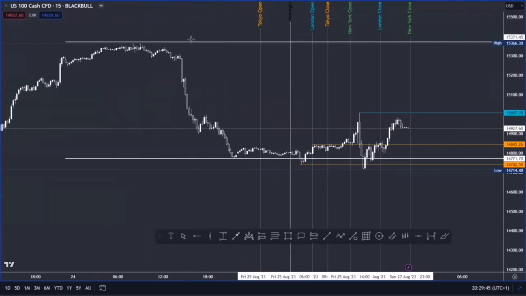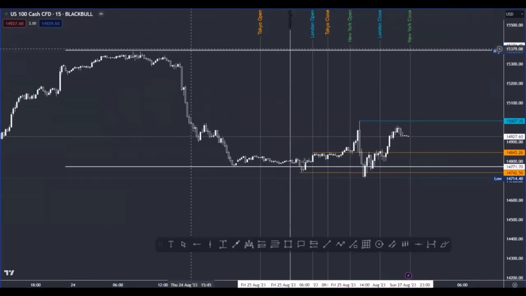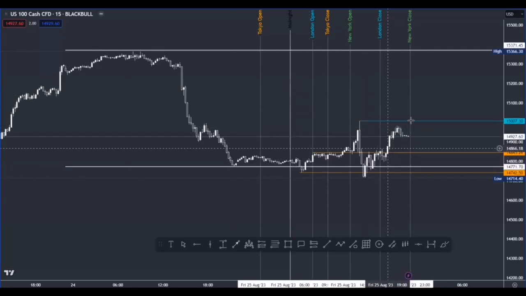So Thursday's low, and you can see over there this was on Friday. So Friday started from this total session. All of this was from Thursday, from that particular low, which was over there, which is quite interesting.